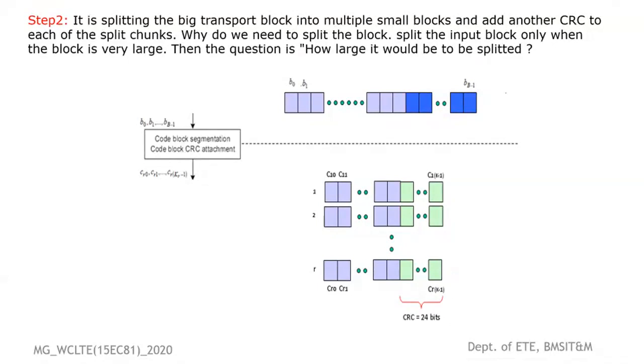That is, C is equal to 1 if B is less than or equal to Z, and C is equal to B divided by Z minus L if B is greater than Z. That is what is shown here: a single row is converted into multiple rows. That is how, in layman's language, code block segmentation is done.